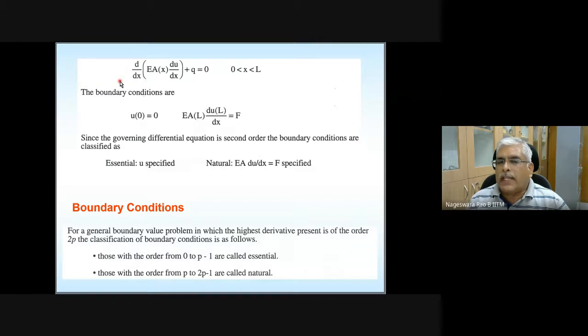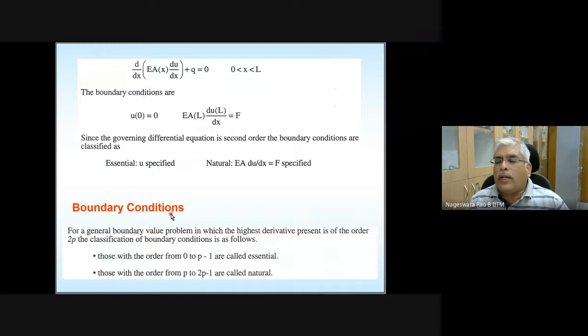Suppose instead of a second order differential equation, you have a differential equation of some other order. How do you identify which boundary conditions are essential, which are natural? To give you a guideline on that, this is what is written here.